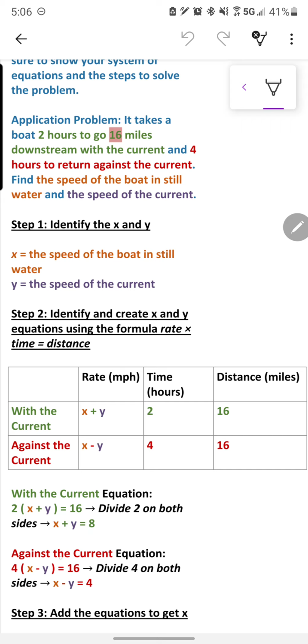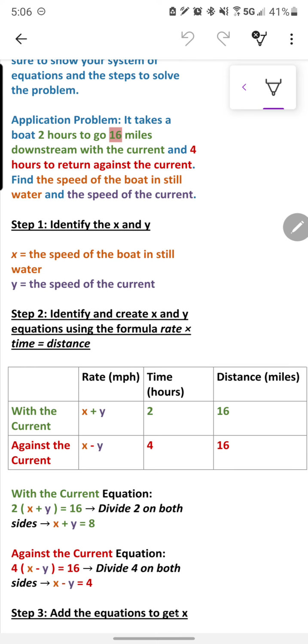Now for the against the current equation, it's going to be 4 times x minus y equals 16. And we divide 4 on both sides to get x minus y equals 4.